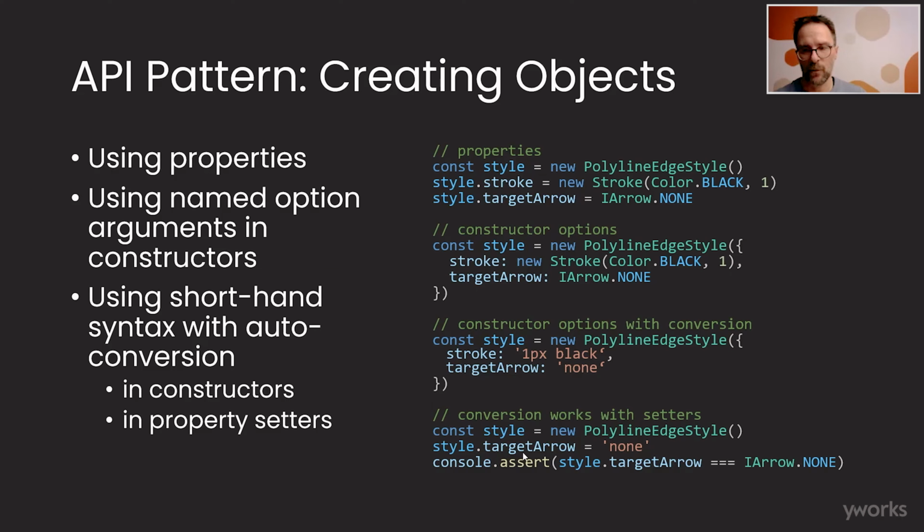So at the moment that you set a property on an instance, you can also use these shorthands. But immediately after, when you get back the value, it will already be converted. So it's not the string none anymore, but in this case the constant that is defined on IArrow.none.